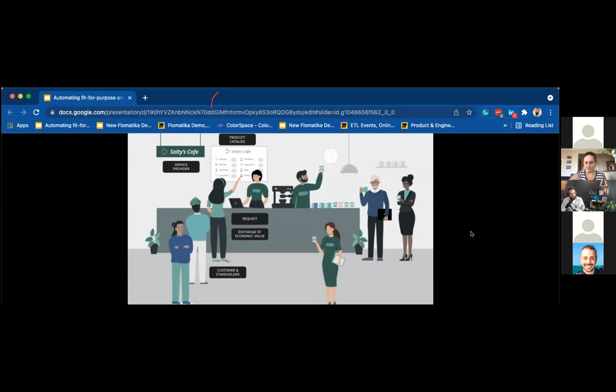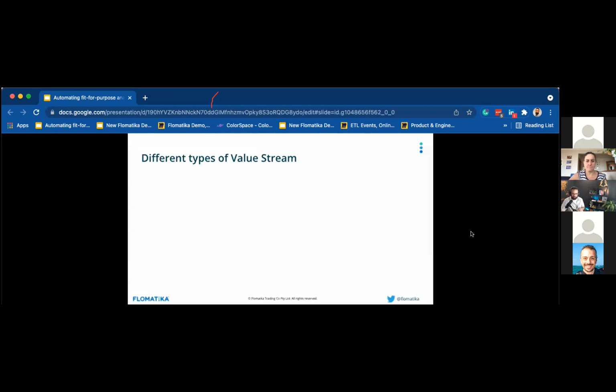There's exchange of economic value. There's a delivery process to transform the request into value. There's the delivery of the request. And there's a service level expectation around the delivery as well. So that's a good way of looking at the construct of services or value streams.